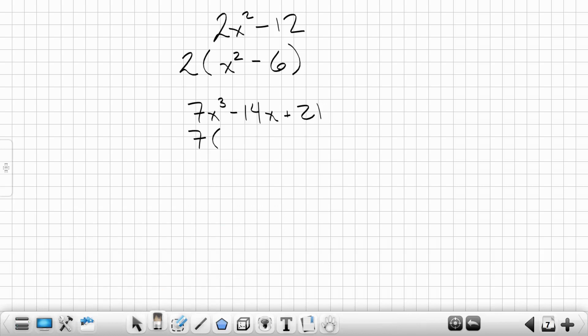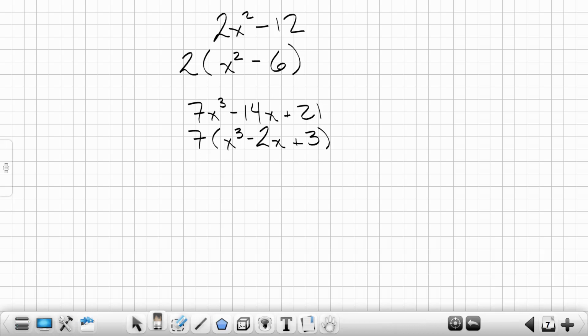What would be in parentheses after I factor out the 7? x cubed, minus. What's 14 divided by 7? 2. And don't forget the x. Plus 3.